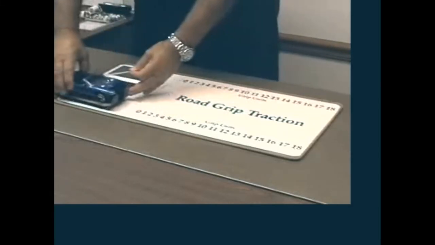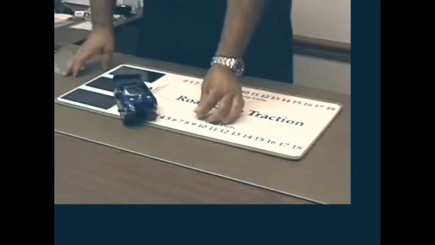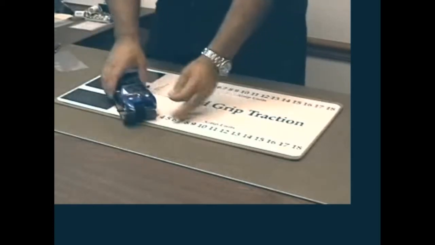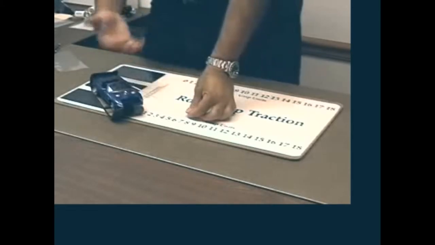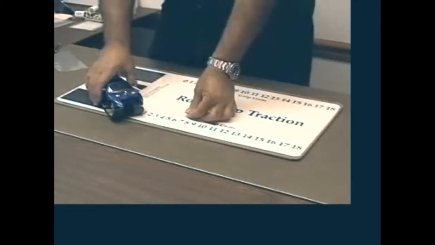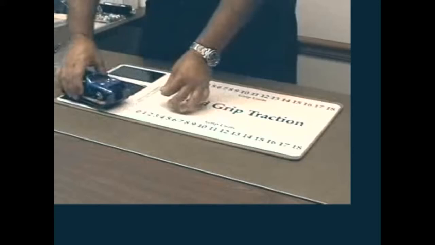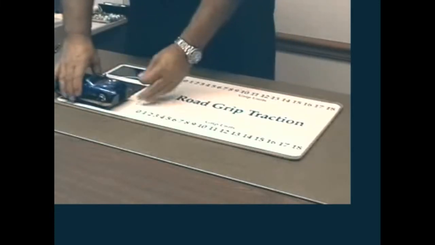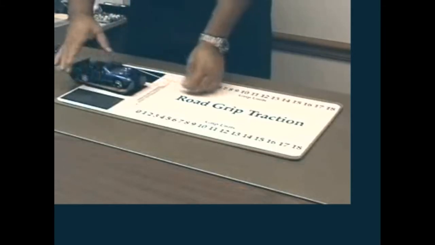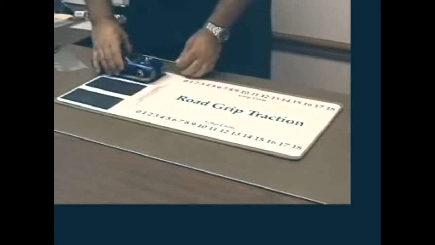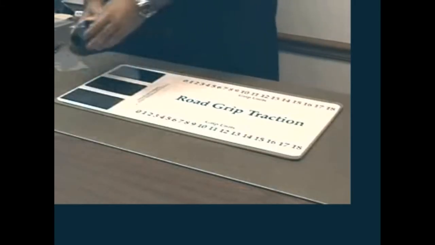And now this roadway where we had 13 to 14 units of grip, we're only getting 8 units of grip. Why? Because our tires are worn and they're not sticking to the roadway the way that they should. Then it would reduce our traction for all of the surfaces.